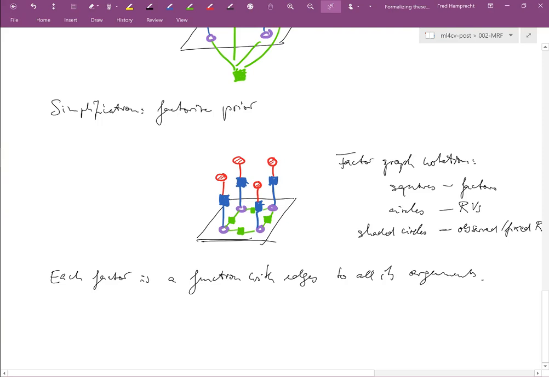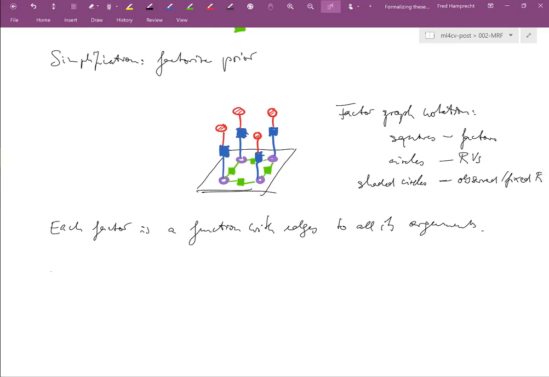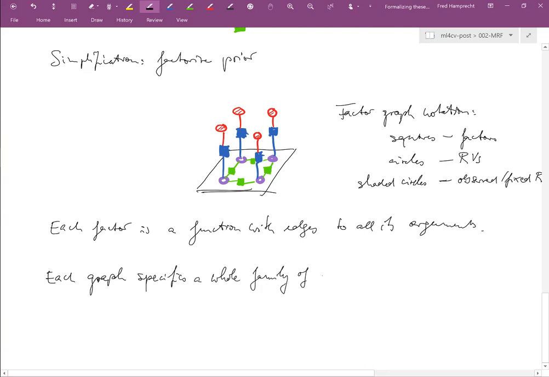So what I can see here is that each graph specifies not a particular member, but a whole family of probability distributions, namely all probability distributions that fulfill the same conditional independence relations.